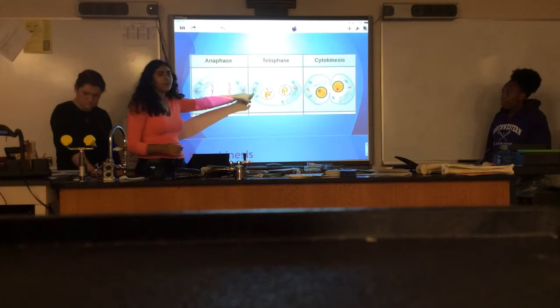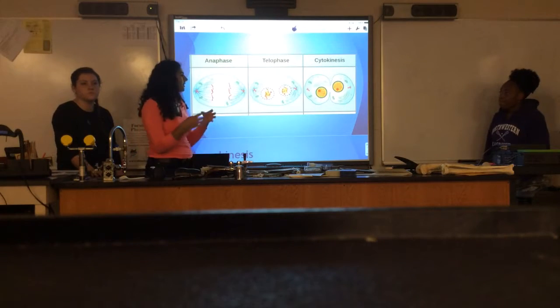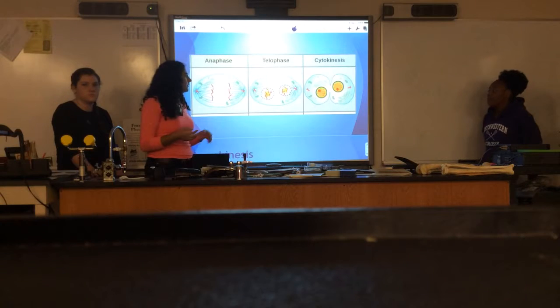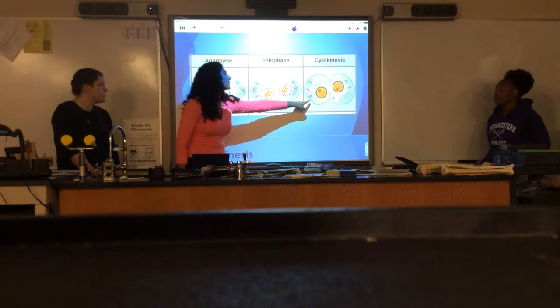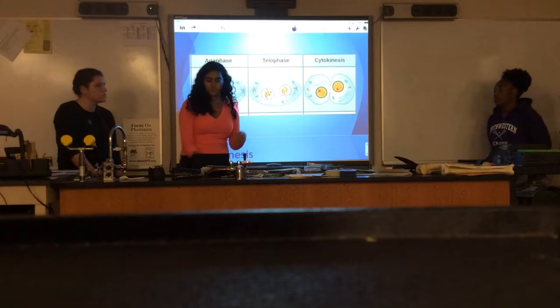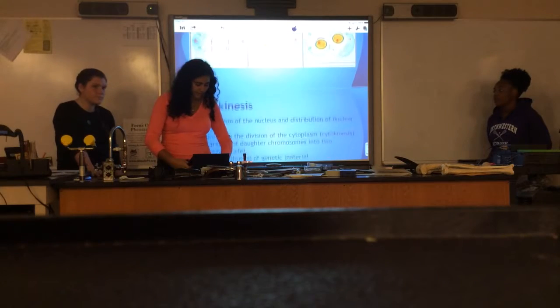The spindle itself is going to disassemble because the strands are gonna depolymerize, and then the cell's gonna go through the process of cytokinesis. So that's just about where we left off yesterday.